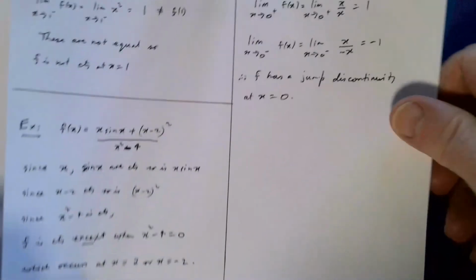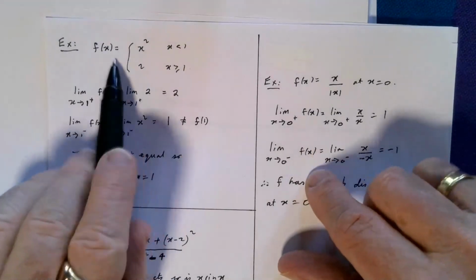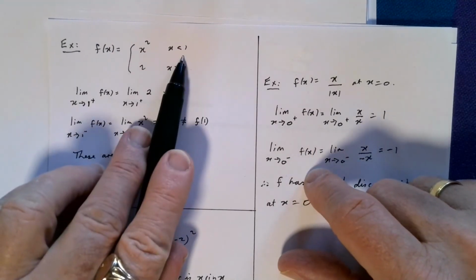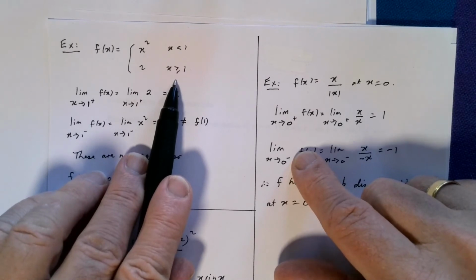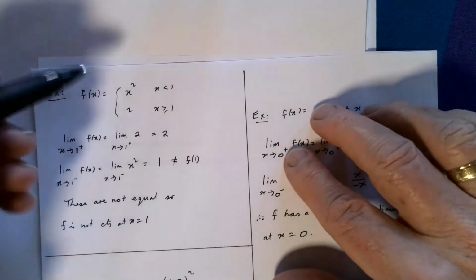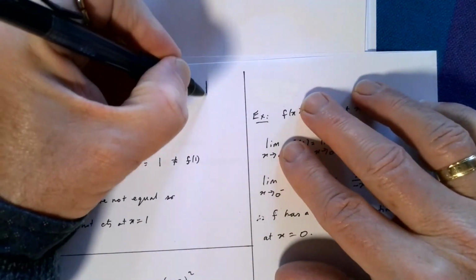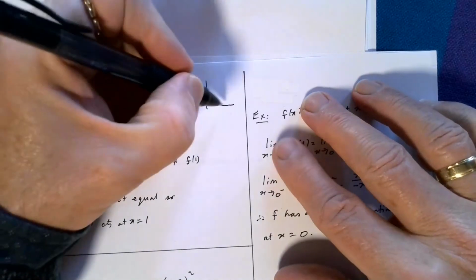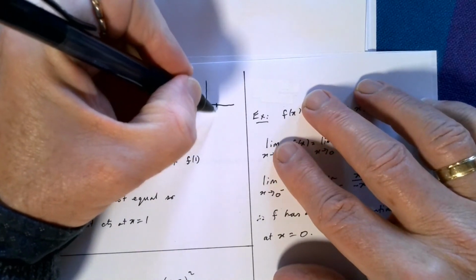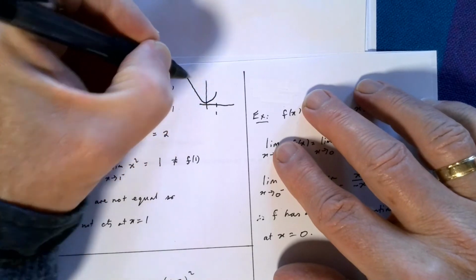So here it is. Here's our example. So we've got f of x is x squared if x is less than 1, and it's 2 if x is bigger than 1. Now we have to do this using limits, but you can see what's happening graphically. If I draw a little picture of this, there's x squared if x is less than 1.